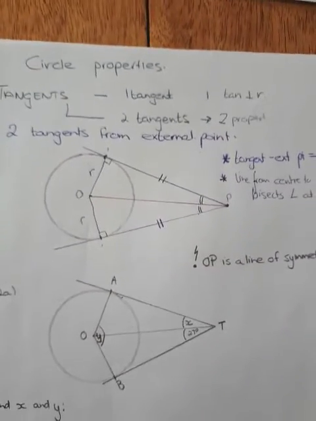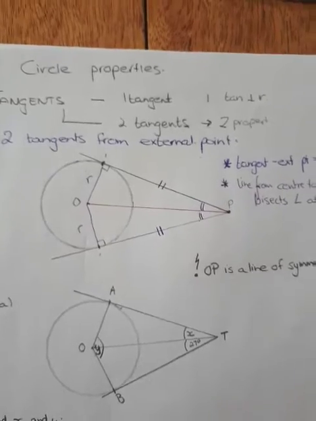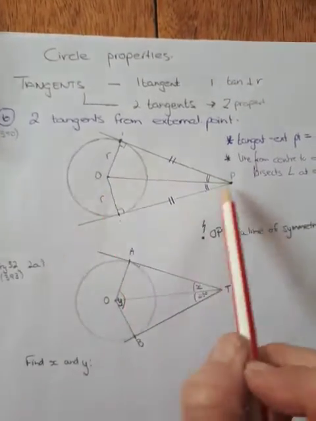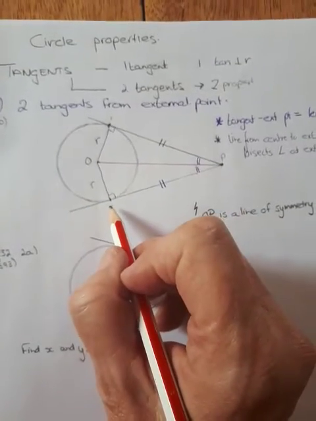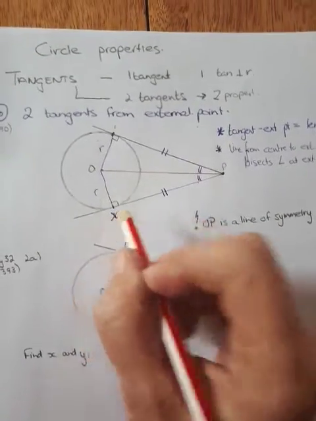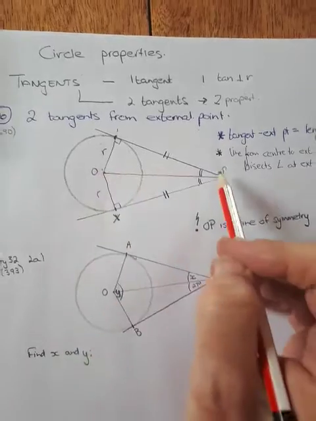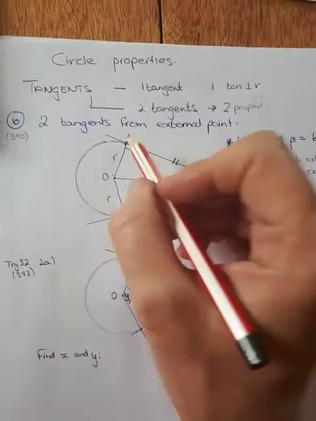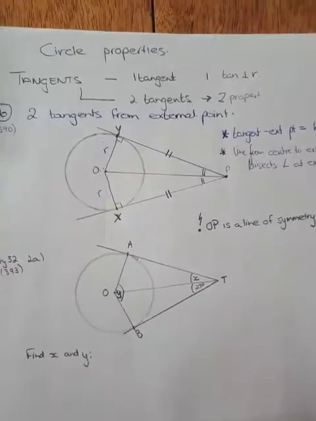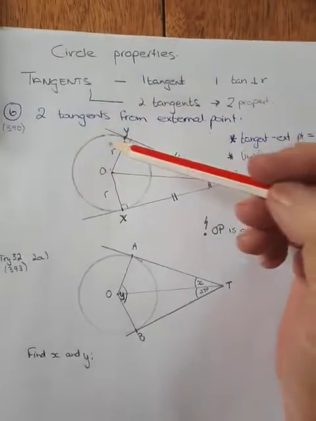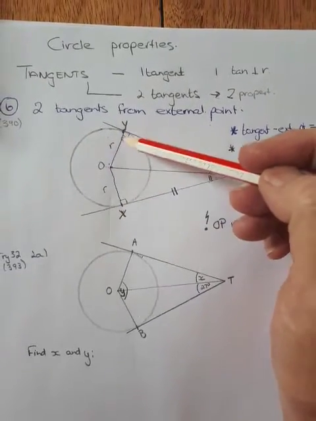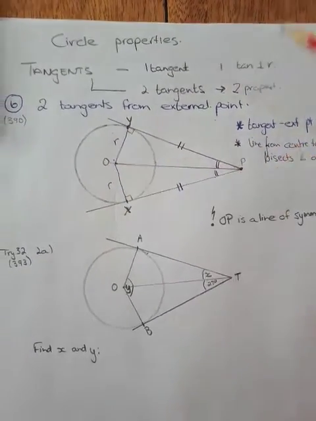But what I want you to also look at is, let's call this one X, triangle OPX and triangle OPY. Then you should realize that they have the same side lengths. In this case, it's both a radius.